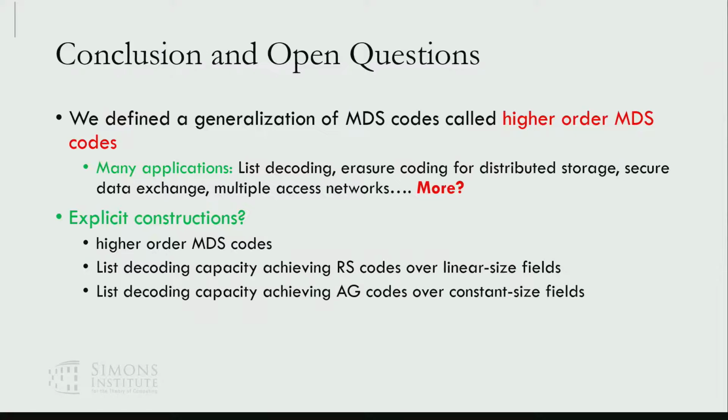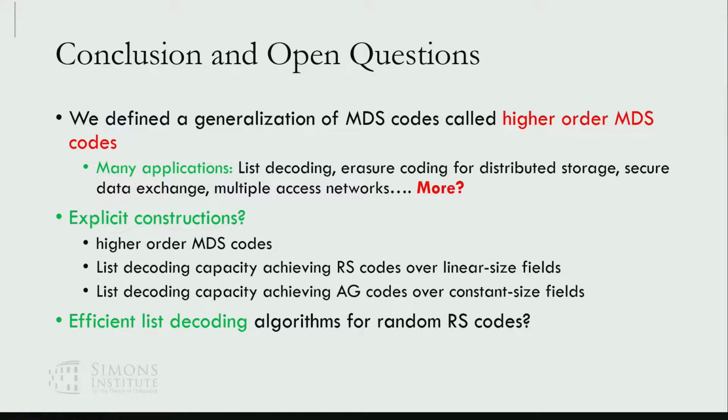Even over exponential fields, we don't have explicit constructions. And you can ask about explicit Reed-Solomon codes over linear size fields which achieve the list decoding capacity. We don't know that. And similarly, AG codes. We don't have efficient list decoding algorithms which go up to capacity. So that's also open. And another interesting question is, can we extend this theory to list recoverability?